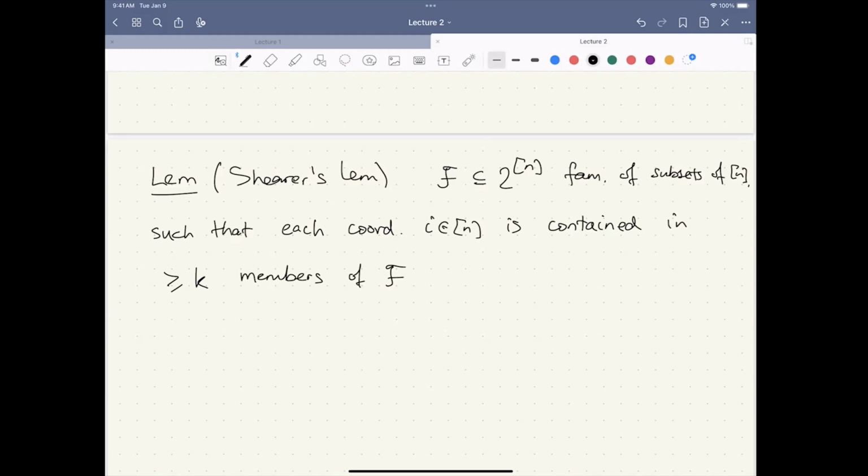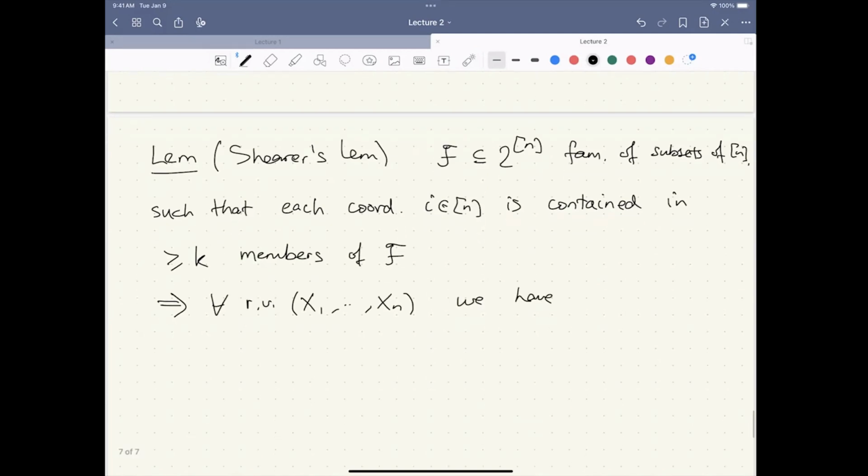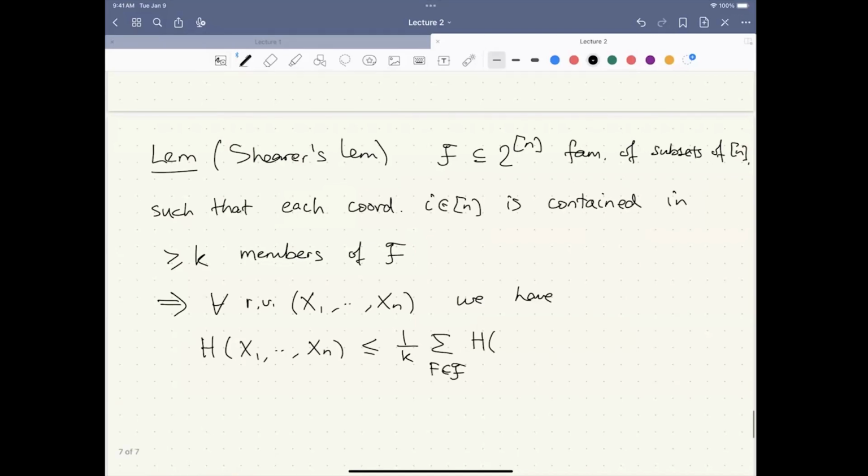Then for any random variable, we have H(X1, ..., Xn) is at most 1 over k times the sum over f in F of the entropy of X sub f.